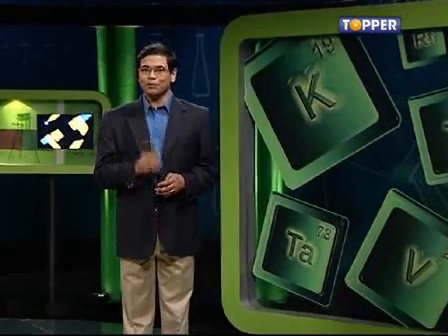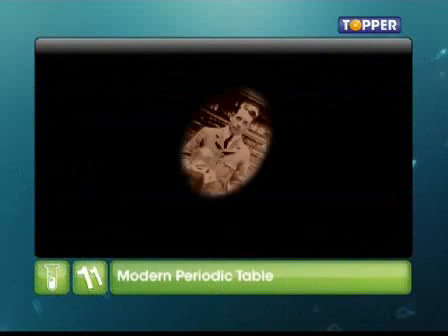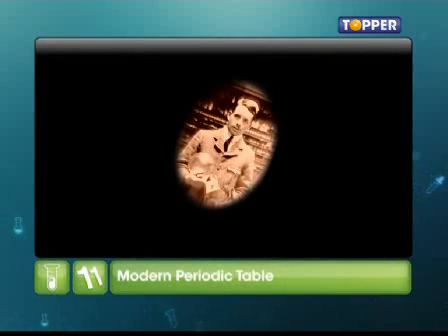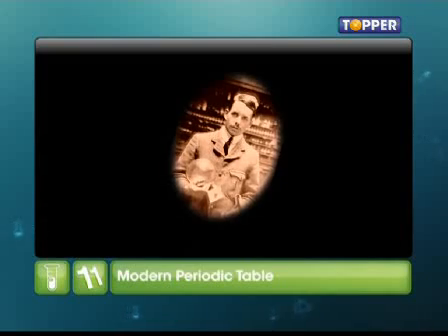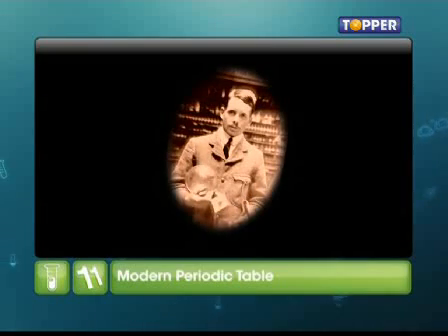So, can you now tell what actually affects the behavior and properties of elements and their compounds? That's right, it's the electron distribution or electronic configuration which determines an element's properties and leads to the periodicity of elements. With Moseley's revolutionary discovery, the face of the periodic table completely changed.